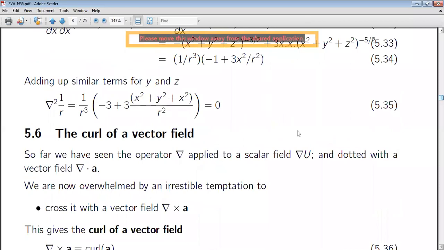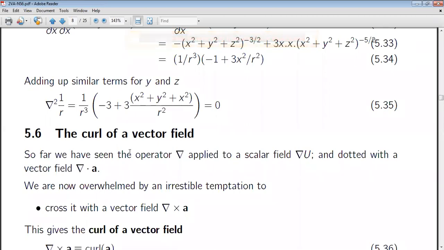So next we will start 5.6. That is nothing but another important type of vector quantity, that is the curl of a vector field. A scalar point function has a gradient, a vector point function has a divergence, and a vector point function also has a curl.